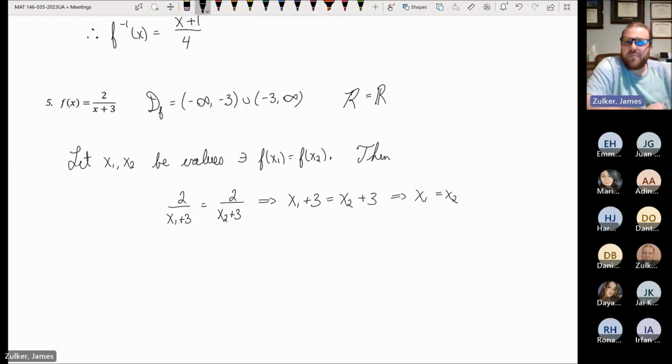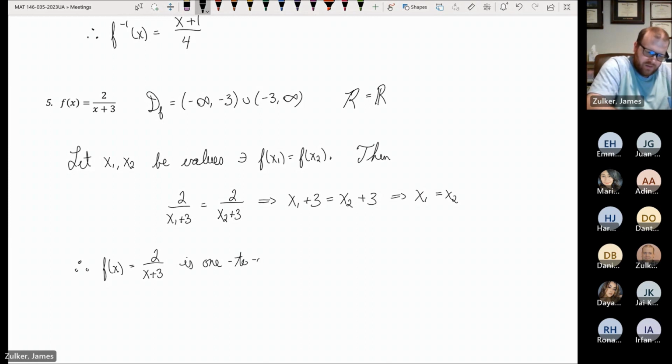Now, by subtracting 3 from both sides, we get x1 has to be x2. And so we find that our function is 1-to-1 as desired.